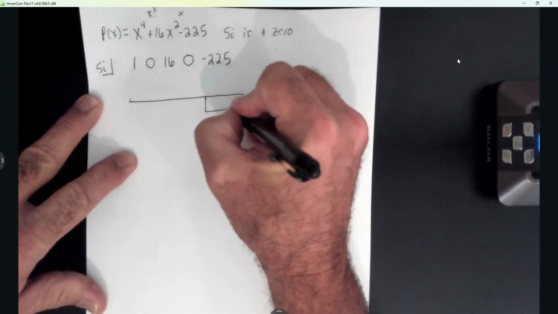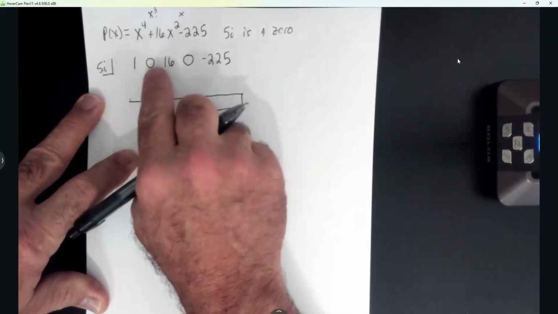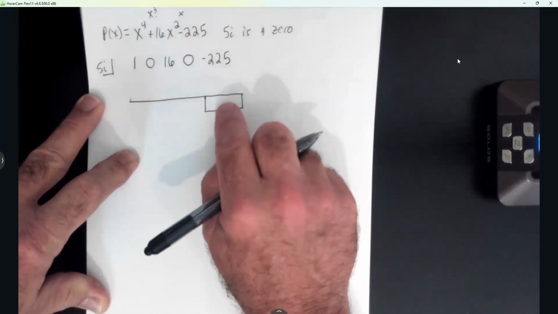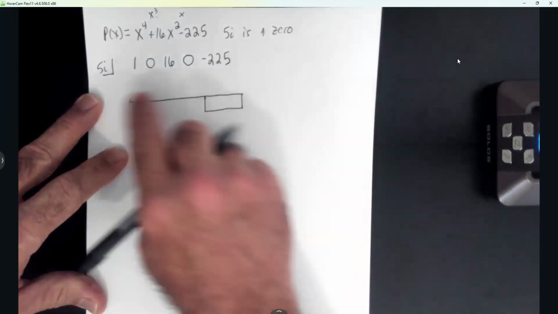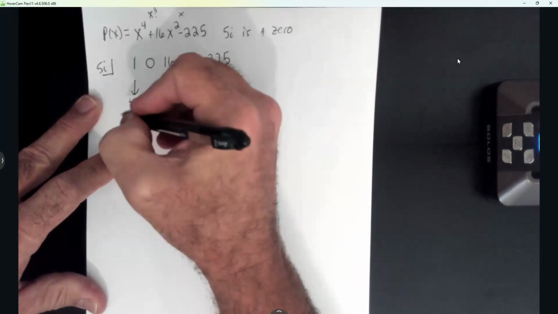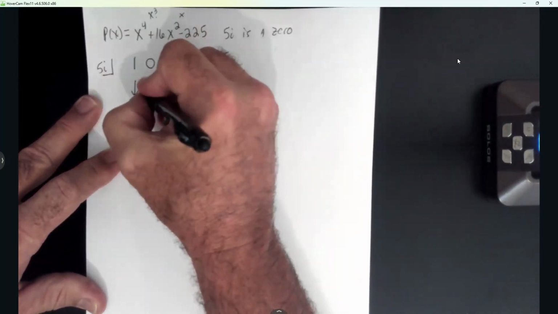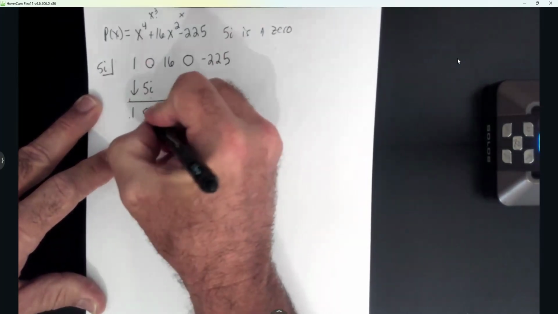Now, since they told me 5i is a 0, when we do our synthetic division, we better get a 0 right here, okay? So we got to get a 0 since that is a 0. So y'all, here we go. Bring the 1 down. 1 times 5i is 5i. 0 plus 5i is 5i.